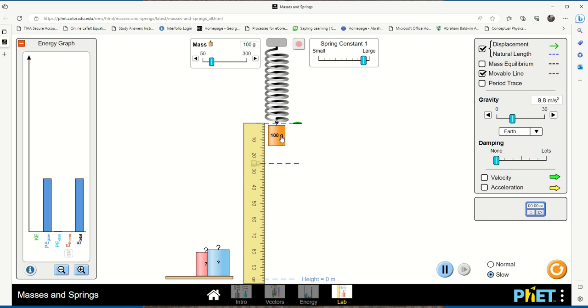Oops, let me try that again. There. Let me see where my x_f is. You can pause it and get my x_f.